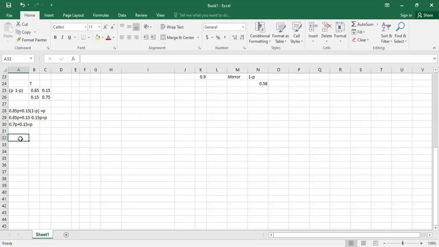What will be P? 0.3 divided by 0.15, isn't it?